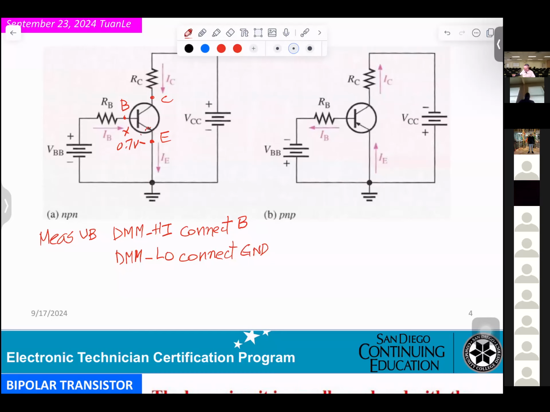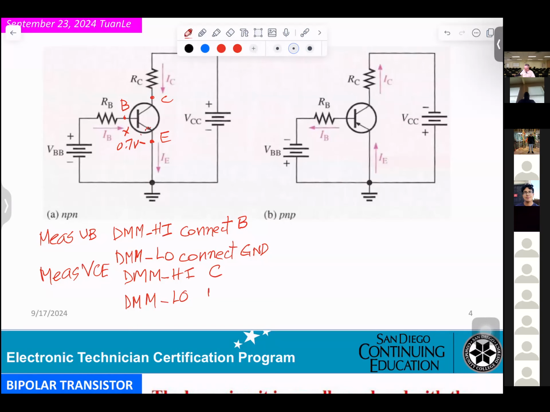Now if I connect to measure VCE, DMM high... If I want to measure the VCE, that means from C to E. DMM high connect to C. DMM low, back to ground.